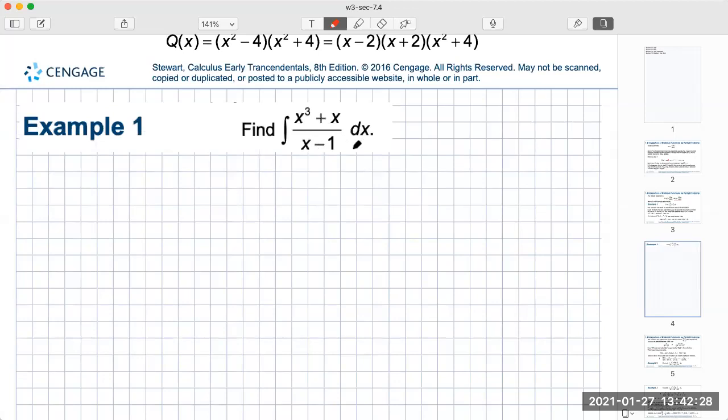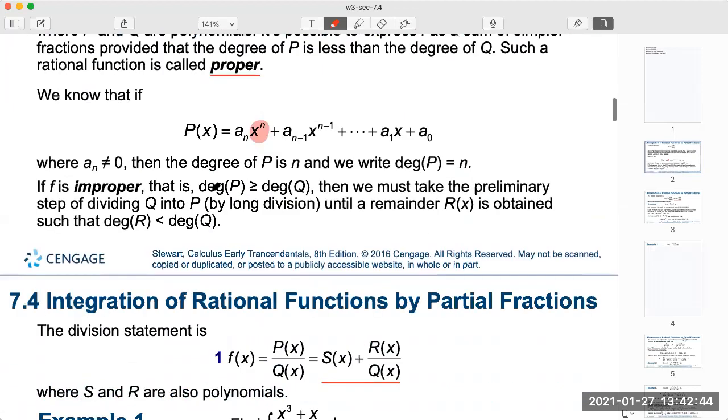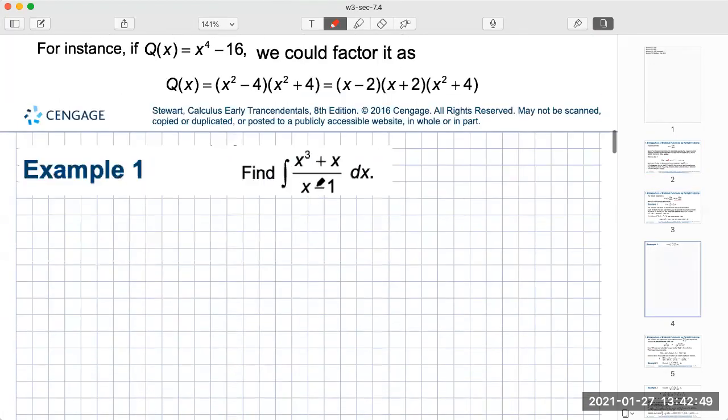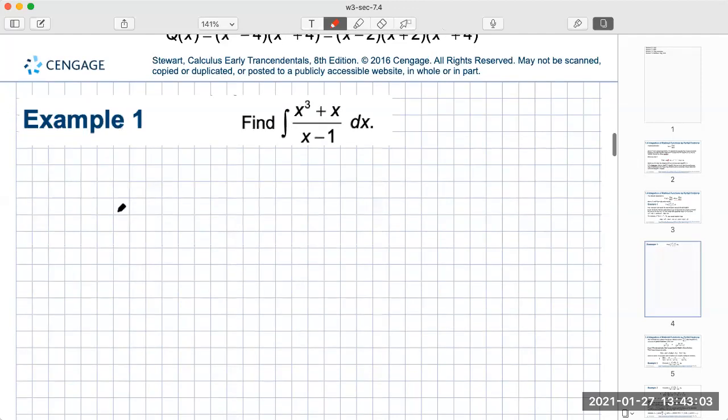From the above definition, is it a proper fraction or improper? This rational function is improper because the degree of the numerator, the highest degree, is 3, and the degree of the denominator is a linear function, which is degree 1. So what we should do is the long division.